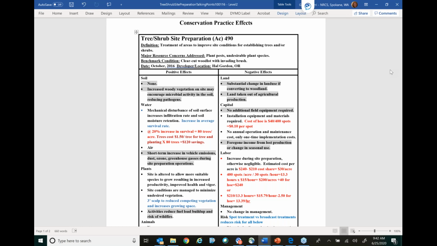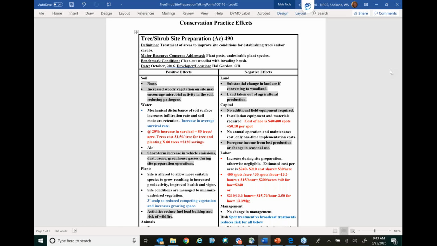And if you can increase it by 20%, that's 80 trees. At the cost of the tree and the tree planting, that could be $120 of the client's investment that they saved by doing site prep alone.